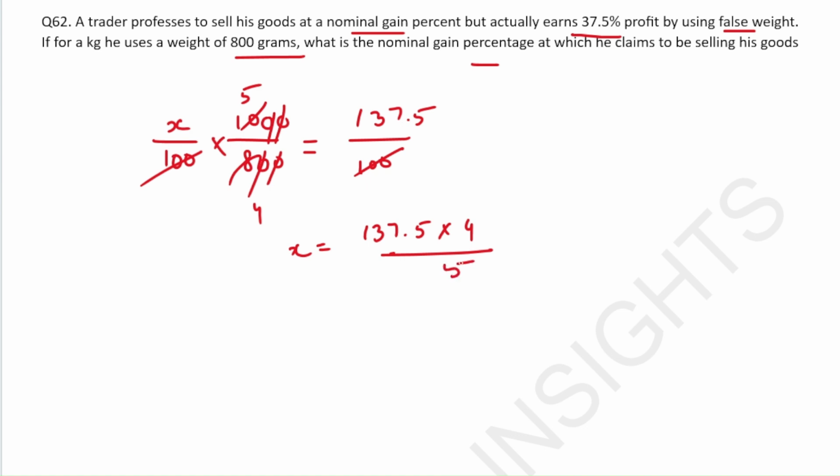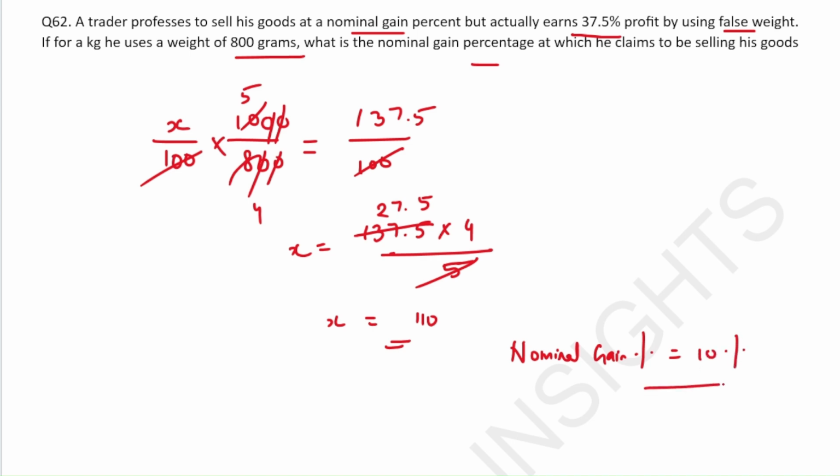So if you solve this, 5 twos are 10, 5 sevens are 35, right? So if you multiply 27.5, you will get the answer 110. So that means we have the nominal gain percentage. 110 means what? That means the nominal gain percentage is 10%.